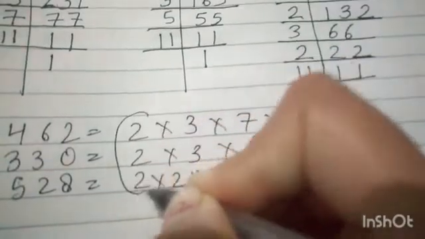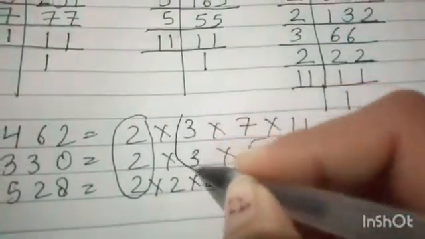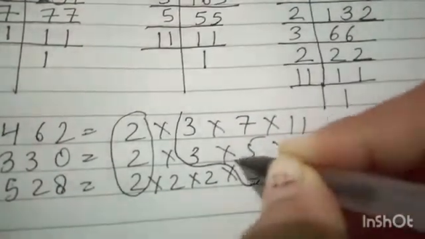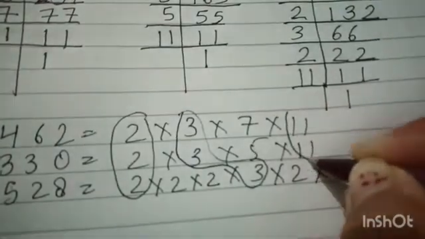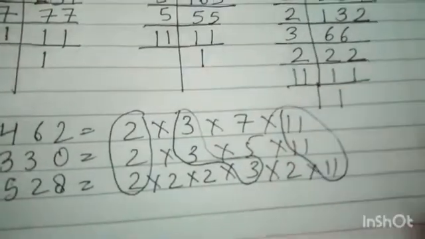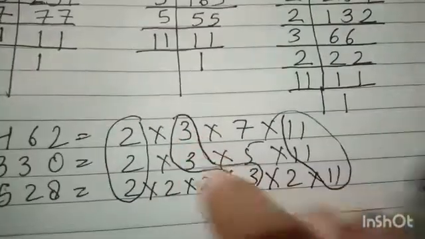Now all the numbers that are common in all three numbers we have to circle. Like 2 is common here, again 3 is common, 3 here, and we have 11 here, 11.